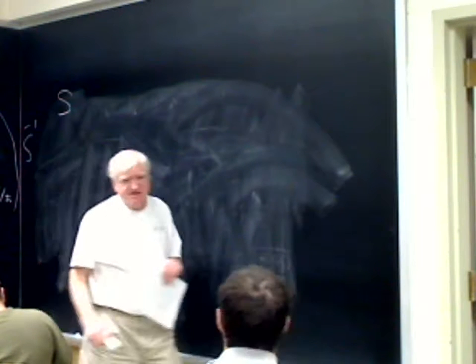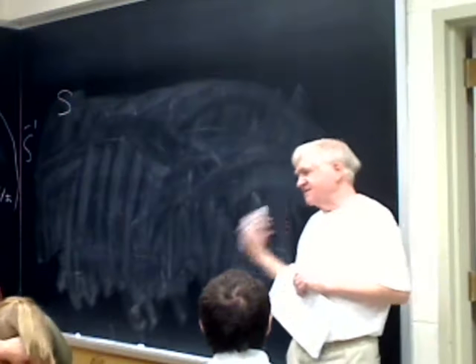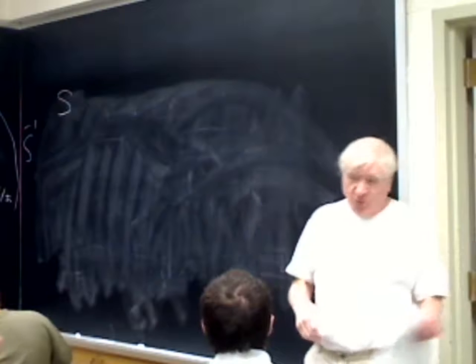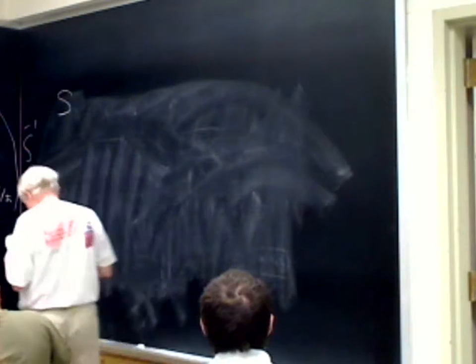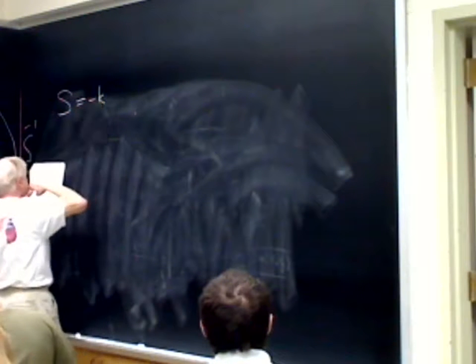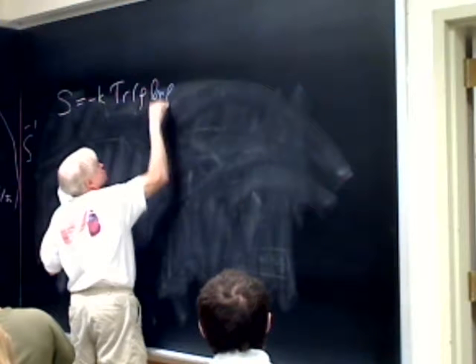I've been using S for a matrix that implements the similarity transformation, but the standard symbol for entropy is also S. So live with it. S is minus k times the trace of rho natural log of rho.